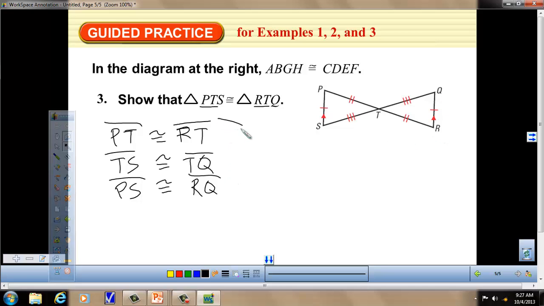That's because for all of these, it's marked on the figure, so it's given. If we look, these two lines are parallel right here, so we can state that angle P and angle R are congruent. And we're going to need this later, so remember this. Also, we can state that angle S and angle Q are congruent.